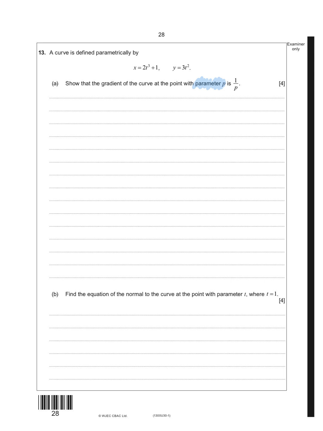So we're going to start by differentiating dx by dt with respect to t. So we're going to have 6t squared. dy by dt equals 6t. Therefore, dy by dx is dy by dt divided by dx by dt, or multiplied by 1 over dx by dt.